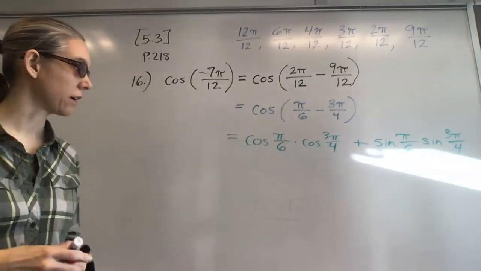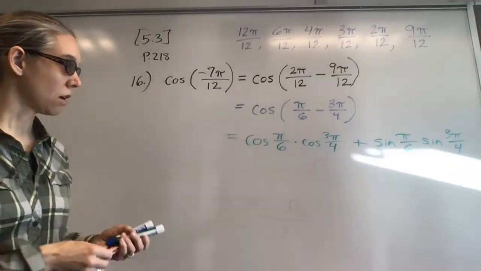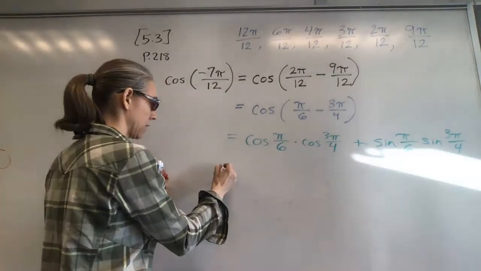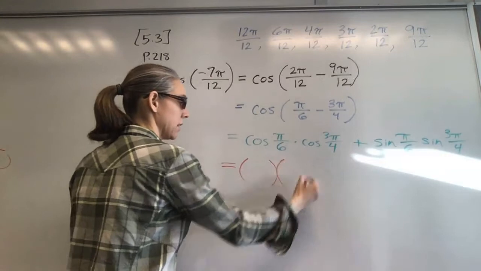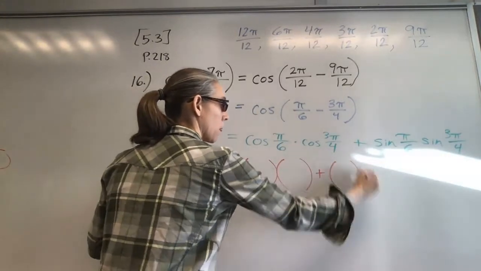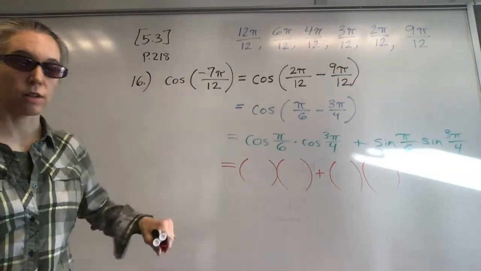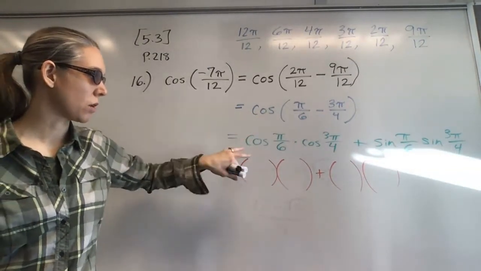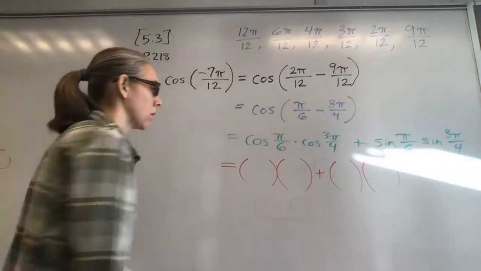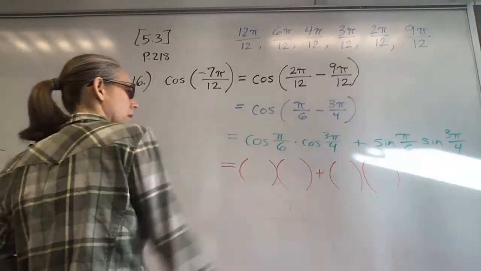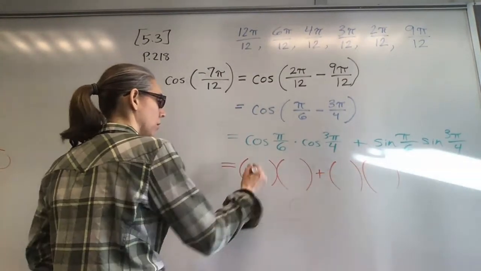Okay, but we're going to be moving down to the next line here where we're going to be condensing everything. We are going to replace each of these occurrences, cosine of pi 6, with its value from the unit circle. Okay, so pi 6 is right here, so the value is root 3 over 2.